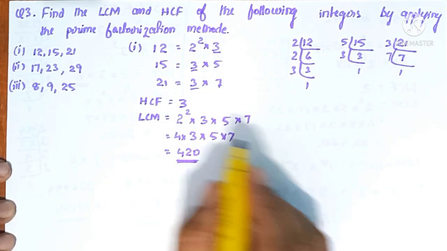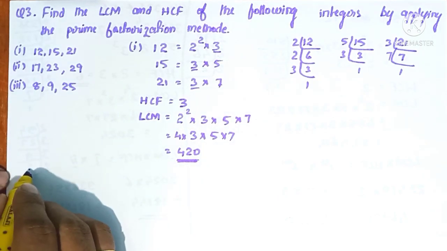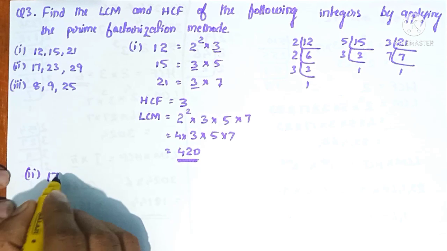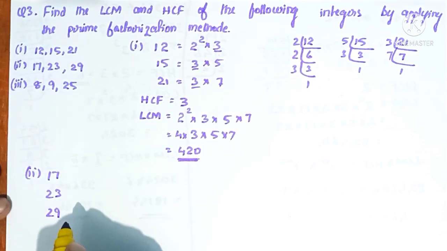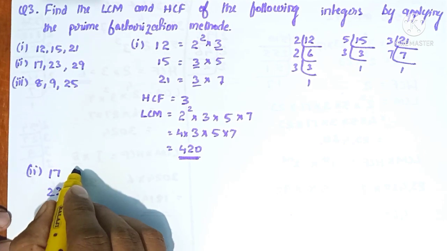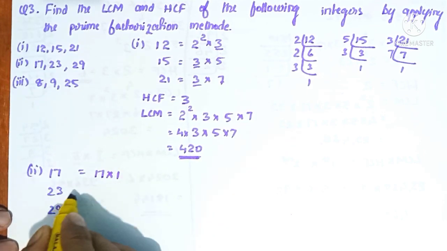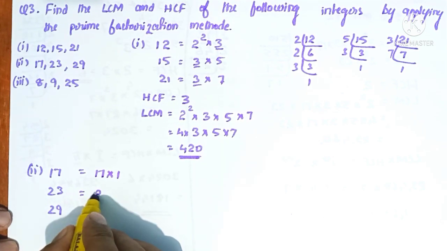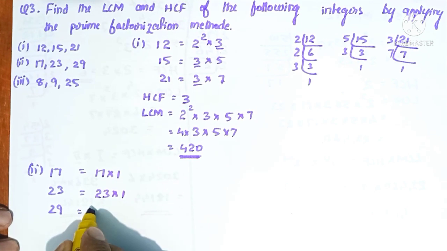Okay. Now let's see question number 2. 17, 23 and 29. We will do the prime factorization of these numbers. And it is very clear that 17 is a prime number. So we can write 17 as 17 into 1. 23 is also a prime number. So 23 we can write as 23 into 1. 29 is also a prime number.